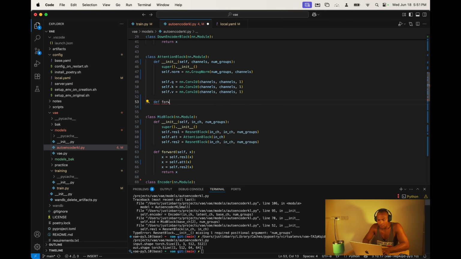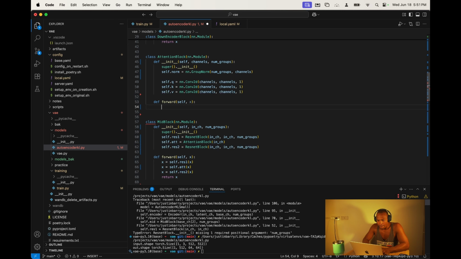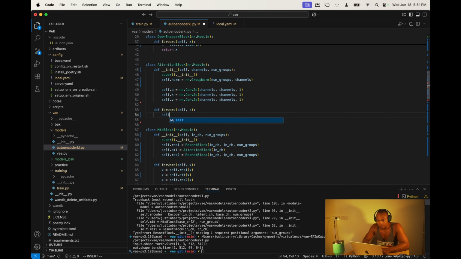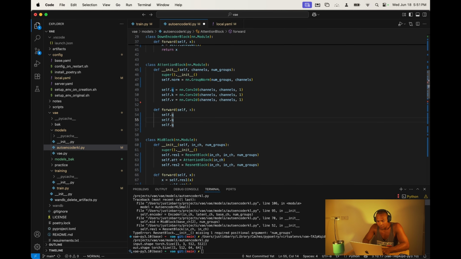So then def forward. Okay, so you're going to send X through its projection.